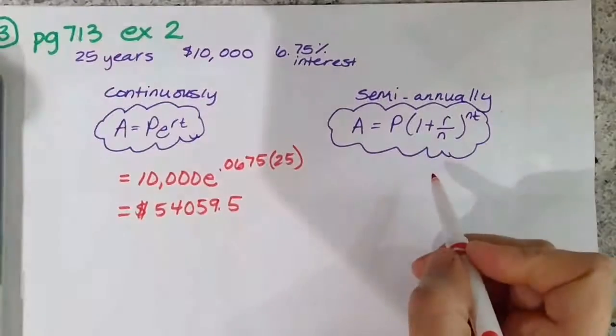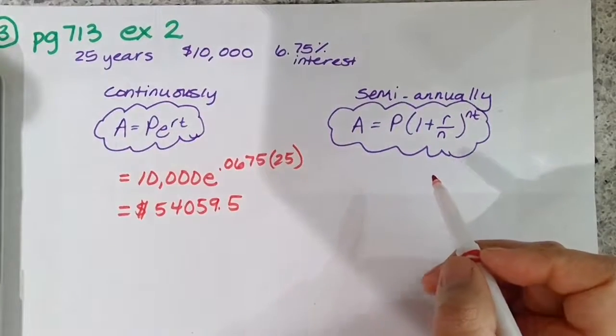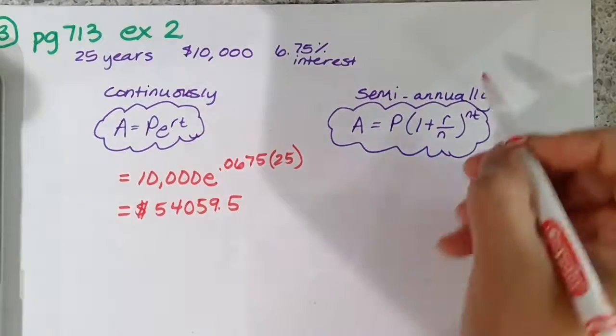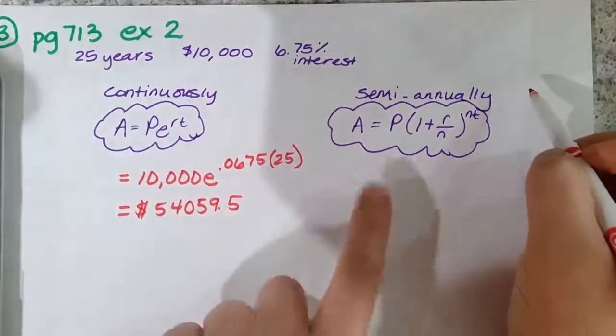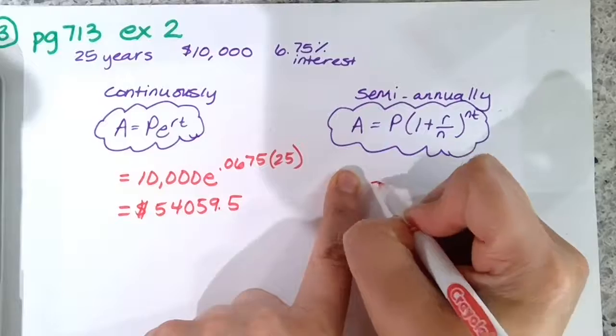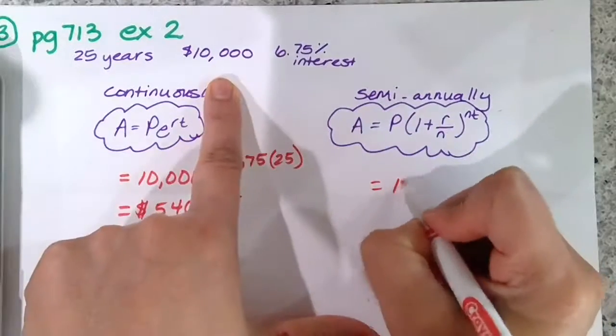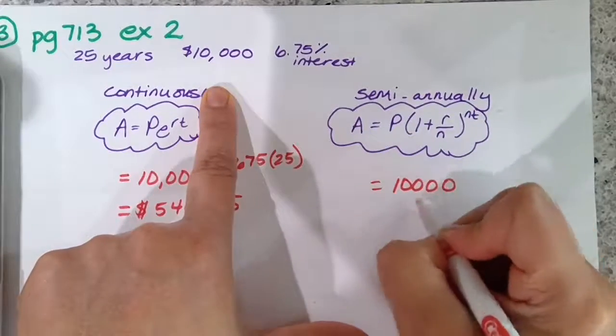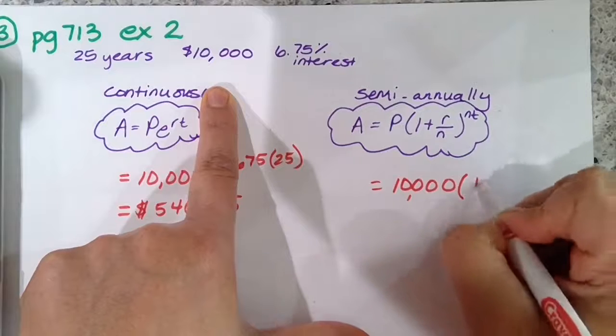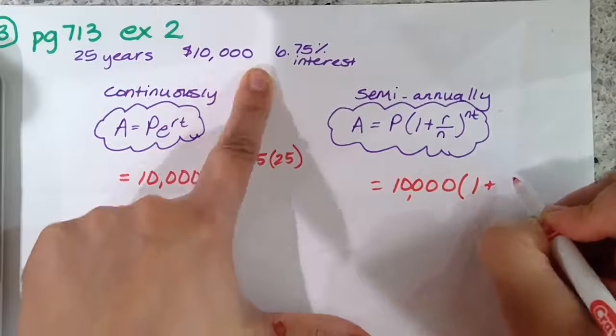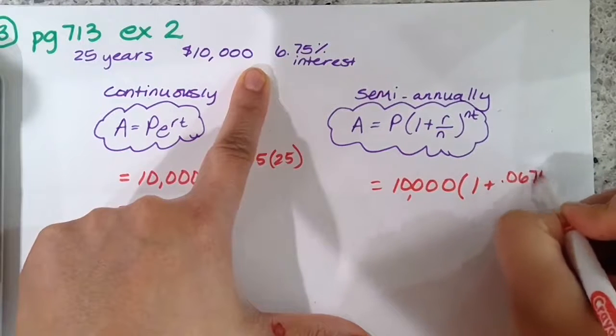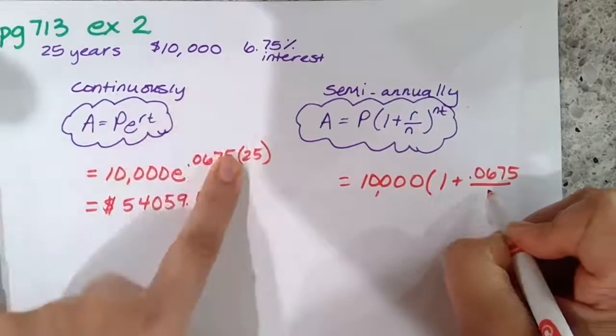All right, so now let's compare this one, compounded semi-annually. So semi-annually is how many times? That's going to be twice a year. So we're going to start with the same amount, our principal amount, 10,000, times 1 plus 0.0675 over 2, since semi-annually is twice a year.